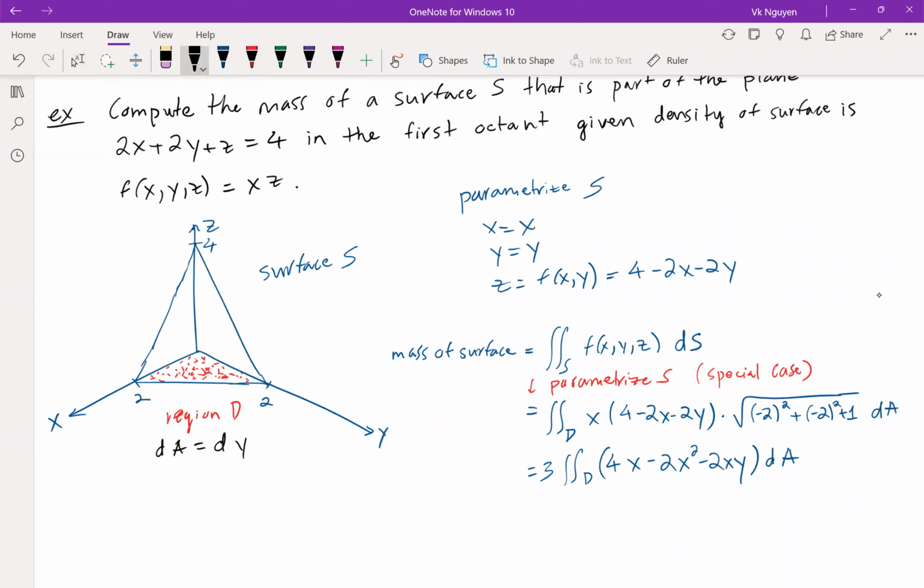If you look up here, y goes from 0 up to that line, and then that line is 2x plus 2y equal 4. Write this out here.